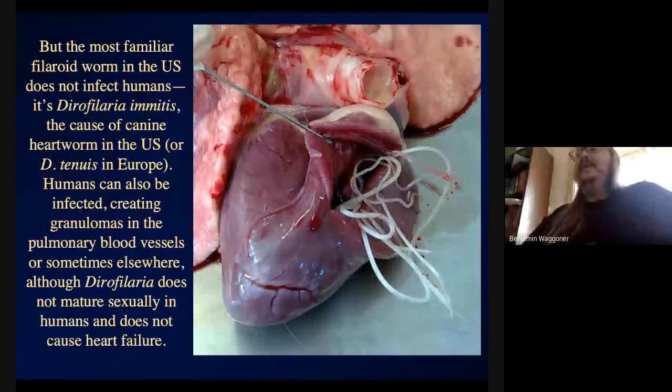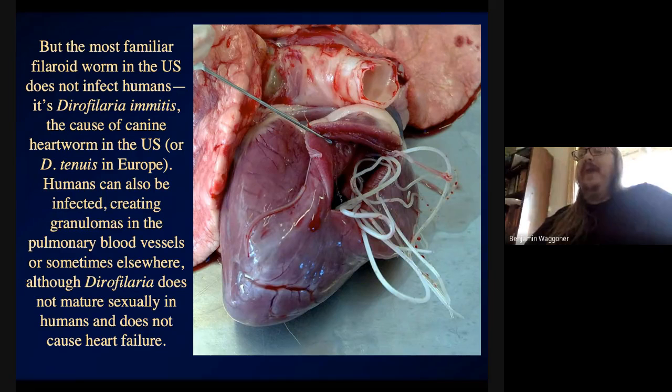And then in the US, we tend not to have these human parasites, and the most familiar filaroid worm is Dirofilaria immitis, which is the cause of canine heartworm in the United States. You can get this infecting humans, but it doesn't mature sexually in humans, and it doesn't live in the human heart.